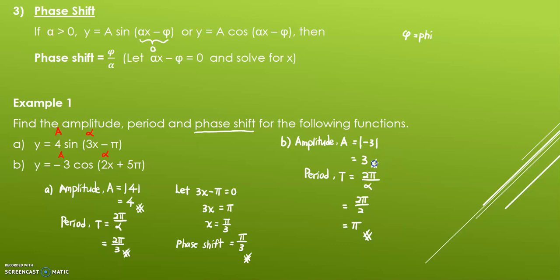Finally, we want to find the phase shift by letting the bracket, 2x plus 5 pi, equal to 0. So 2x is equal to negative 5 pi. We solve for x, so x is equal to negative 5 pi over 2. So our phase shift is equal to negative 5 pi over 2. So this is how we find the phase shift.